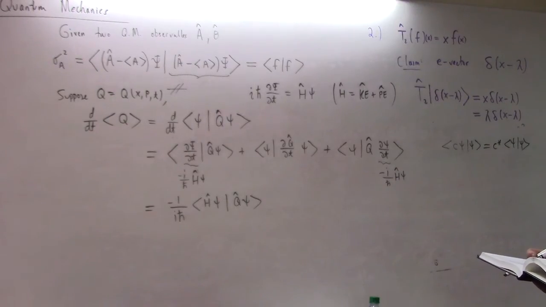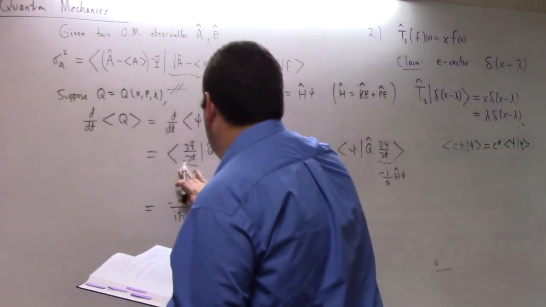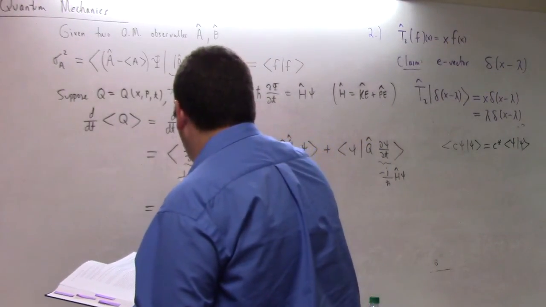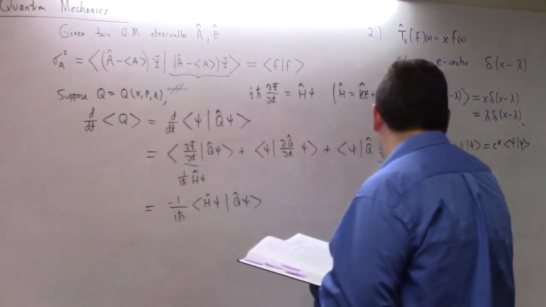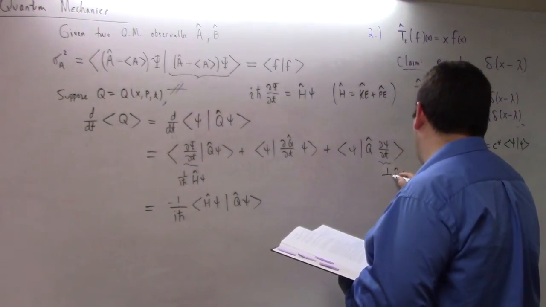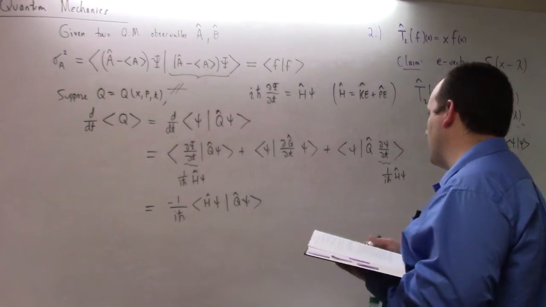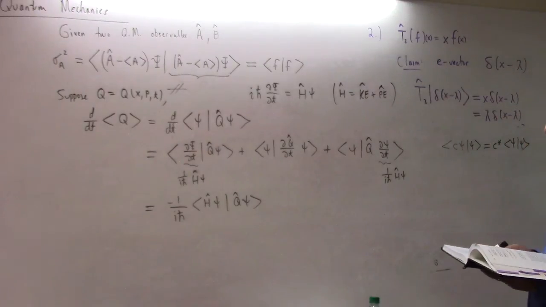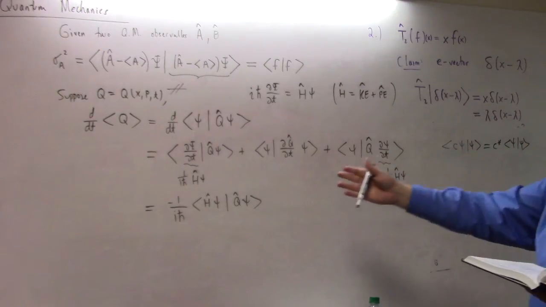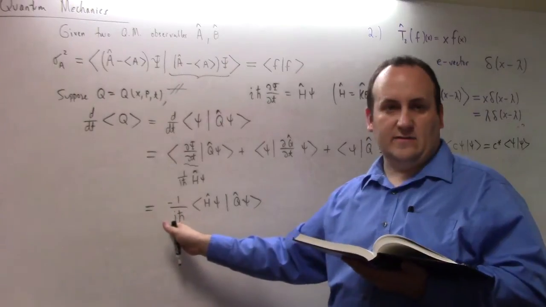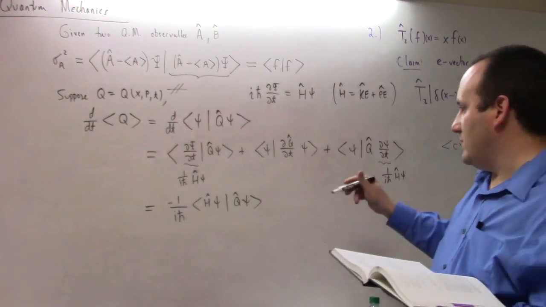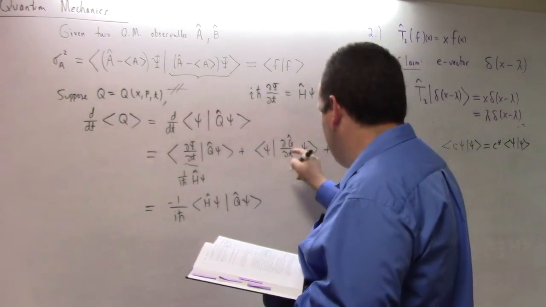Oh! Fine. 1 over i h bar. Okay, now I can see that he's pulled this out, but he's conjugated it. Okay. Good.